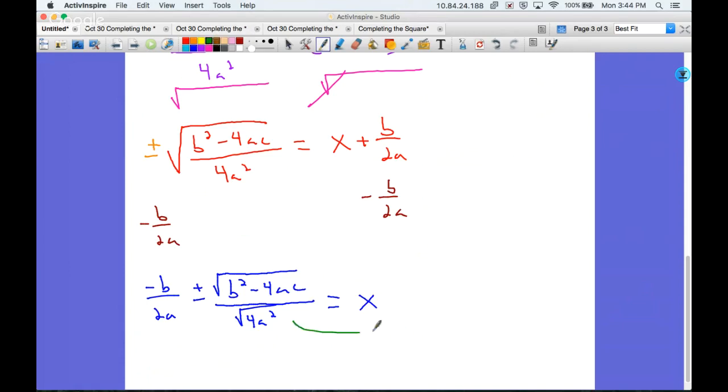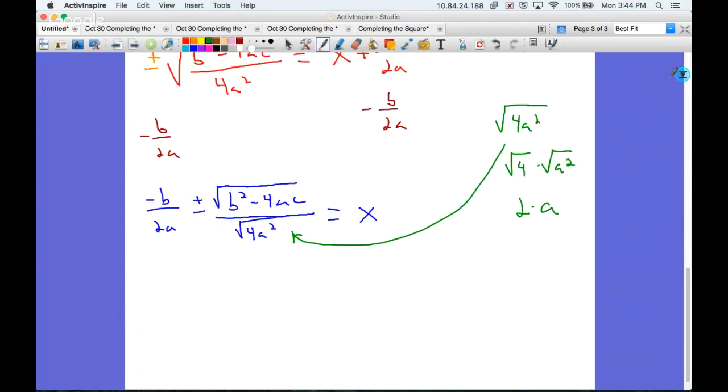Now right here, the square root of 4a squared is equal to the same thing as the square root of 4 times the square root of a squared, which is the same thing as 2 times a. So these now have matching denominators.